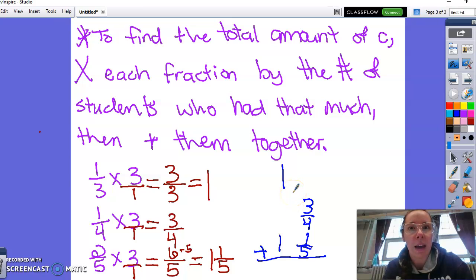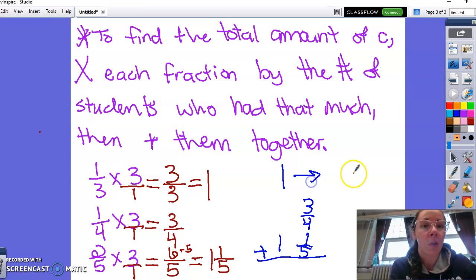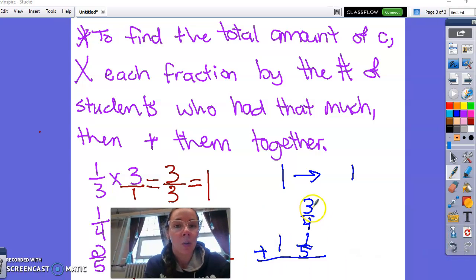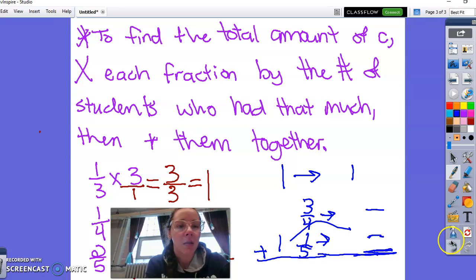We have to find a common denominator. So I'm going to scooch over my 1 whole. We keep that. And then I'm going to scooch over these numbers, but they're going to change a little bit. So 3/4 is going to become something different, and that 1/5 is going to become something different. But my 1 will stay the same, so I'm going to put that back.